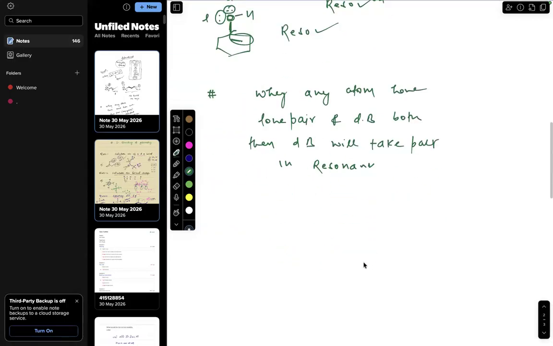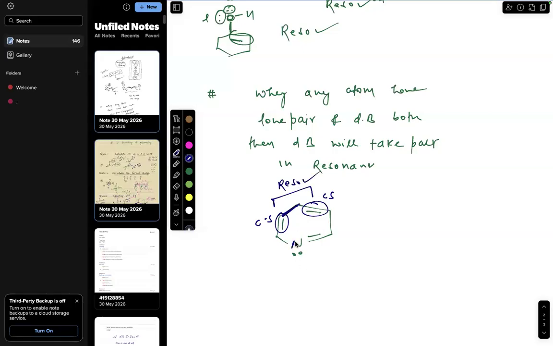For example, look at this compound. This double bond is a conjugate species. This double bond is a conjugate species. Both are separated by a single bond. It means they both are in resonance.